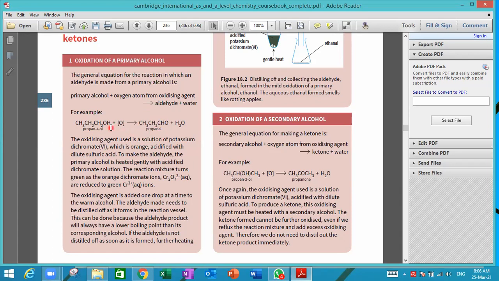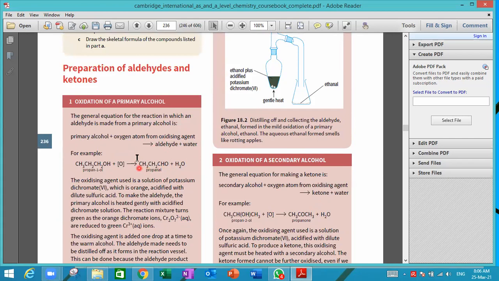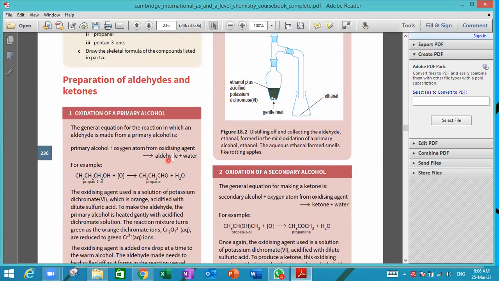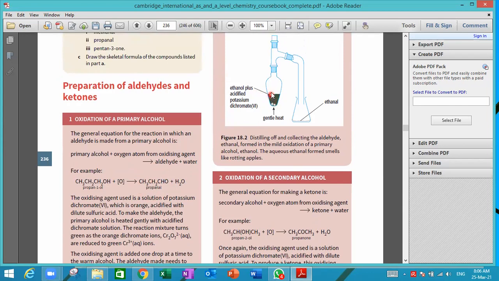Of course, here we have to be careful in doing this reaction. To obtain only the aldehyde, we have to place the mixture of the primary alcohol and the acidified potassium dichromate in a flask, either beaker-shaped or round-shaped, it doesn't matter.